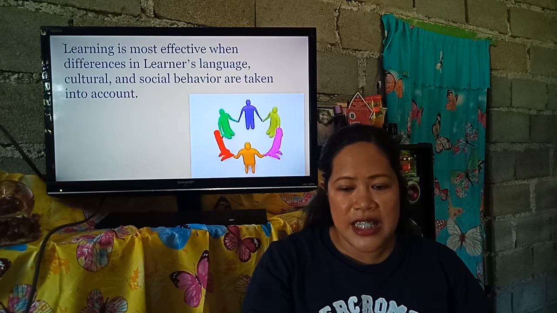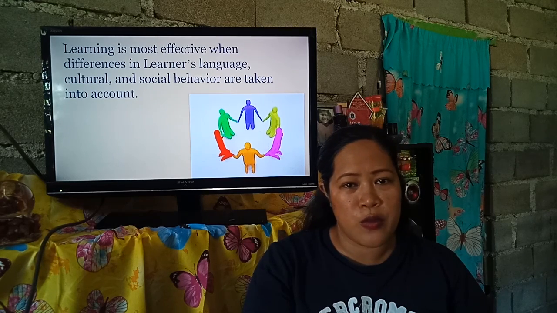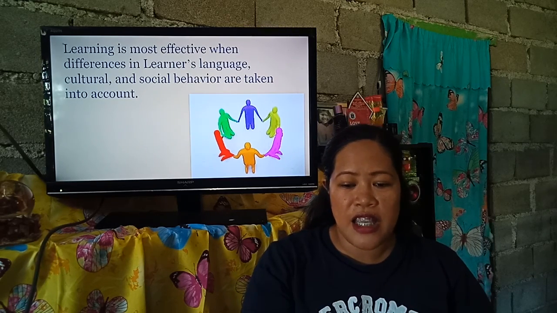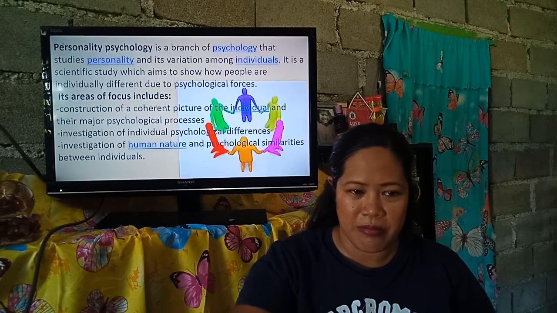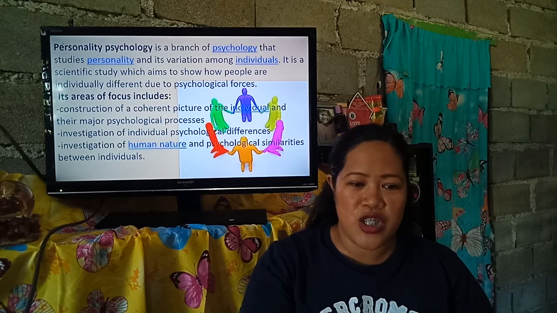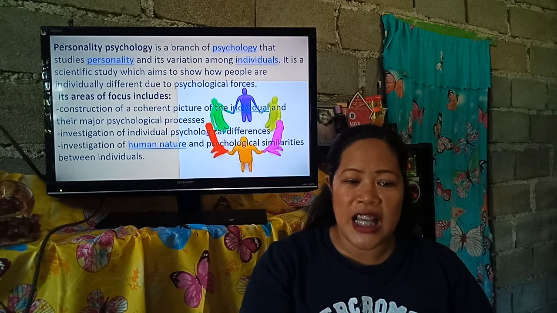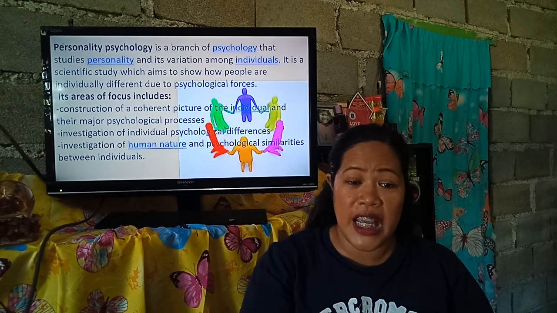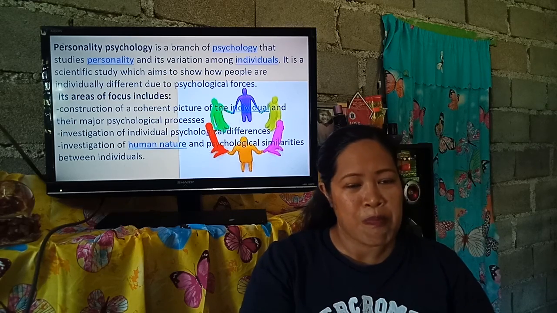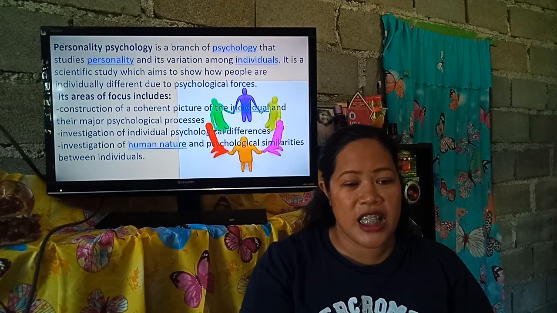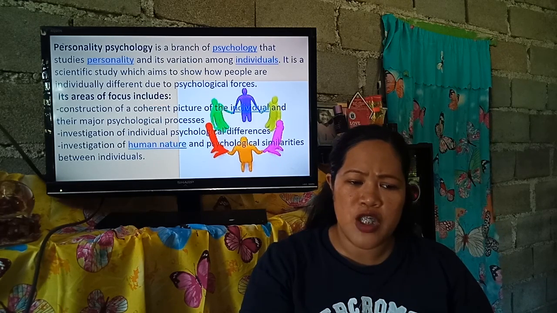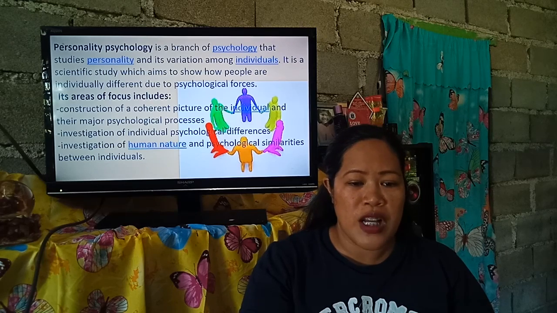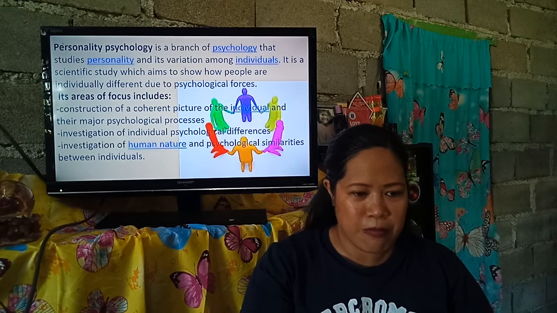To fully understand the psychology of individual differences, let us take first the meaning of personality psychology. Personality psychology is a branch of psychology that studies personality and its variation among individuals. It is a scientific study which aims to show how people are individually different due to psychological forces.